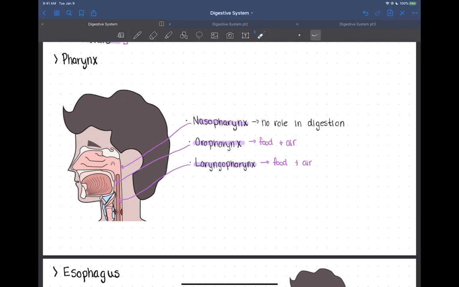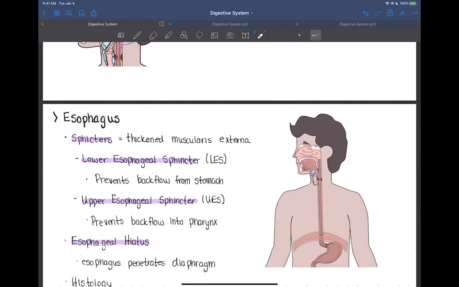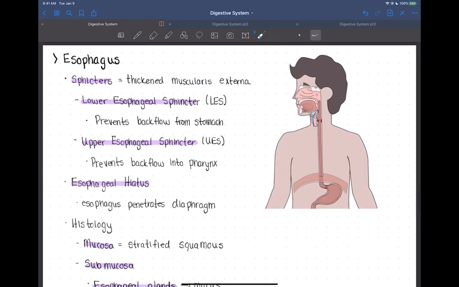But before we do that, let's talk about the esophagus. From the pharynx, food is going to move into the esophagus. The esophagus has two sphincters. By definition, a sphincter is just an area with a thickened muscularis externa. The esophagus has the lower esophageal sphincter, that would be down here.